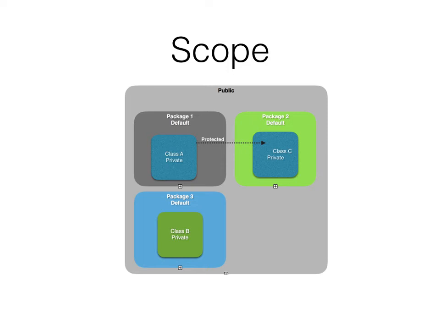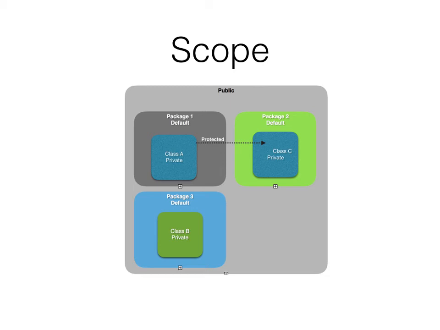It means class A extends class C. So if some variables are protected inside class C and class A is a subclass of class C, class A can access the protected variable and method. At the same time, class B cannot access the protected variable or method from class C. So these are the highlights of the scopes.